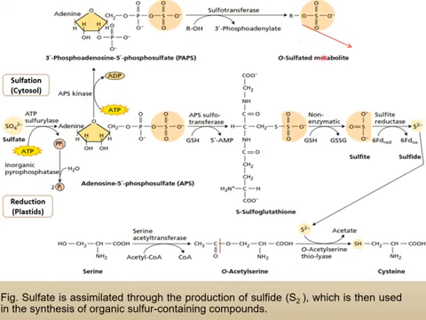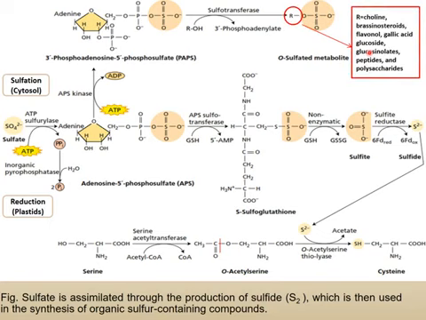PAPS then gets transferred into O-sulfated metabolites, which are utilized for the formation of choline, brassinosteroids, flavonol, gallic acid glucosides, glucosinolates, peptides, and polysaccharides.